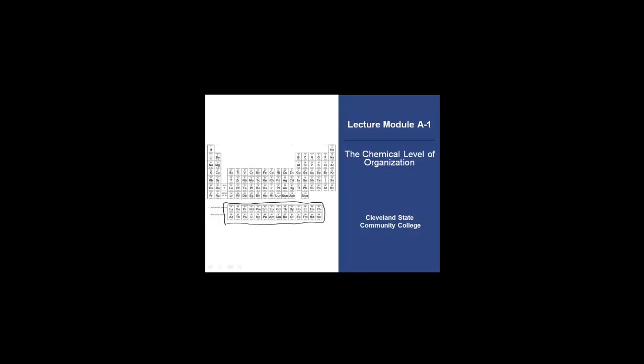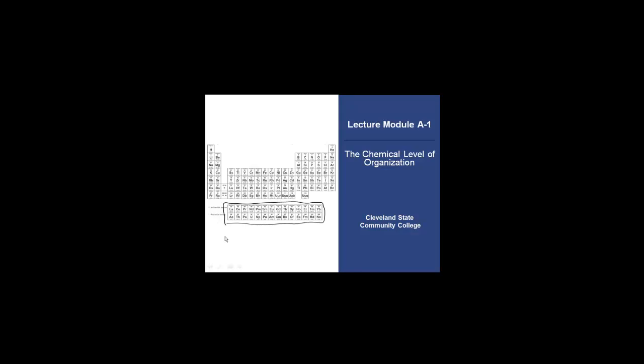So we have about 90 elements comprising the Earth, and of those 90 we will find 25 elements within our body, and we'll look at those prominent elements in a minute.